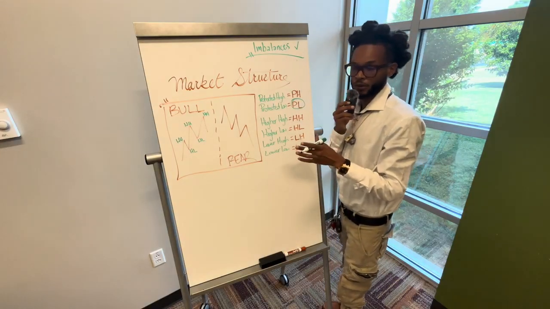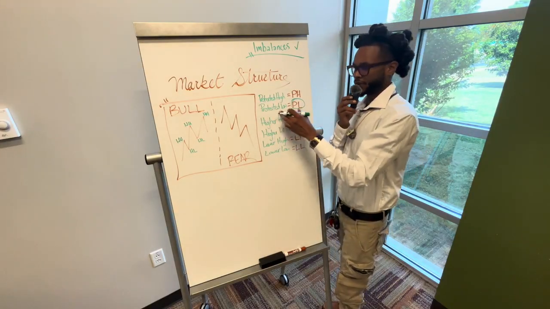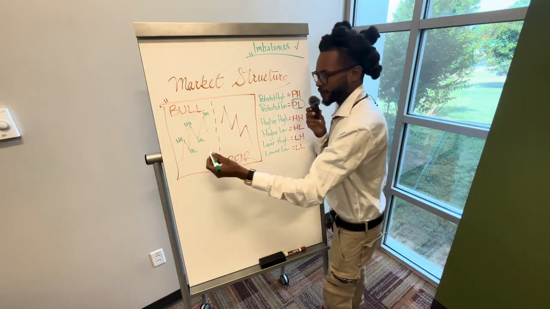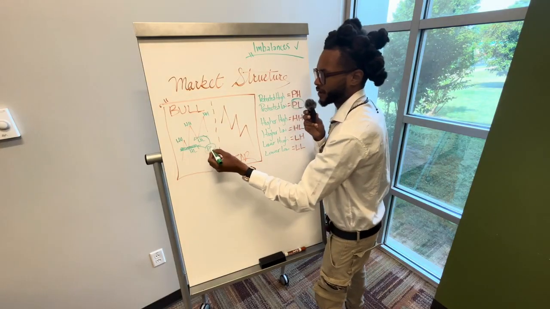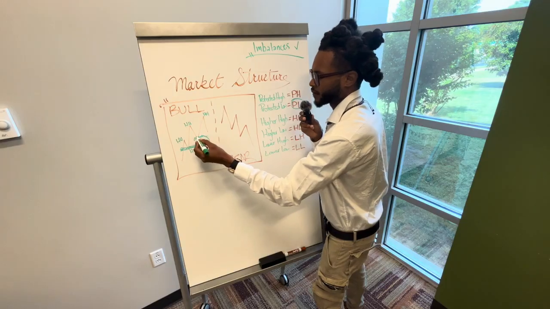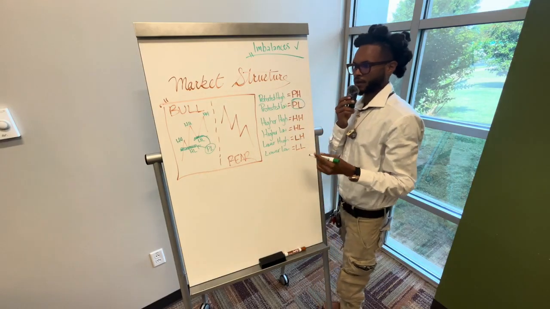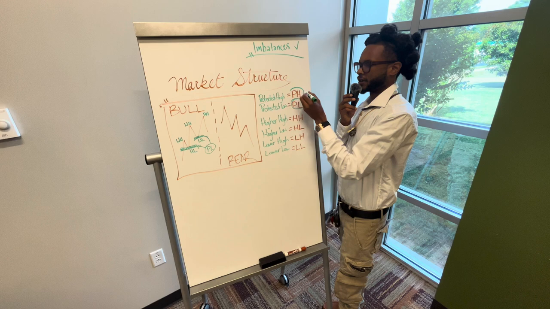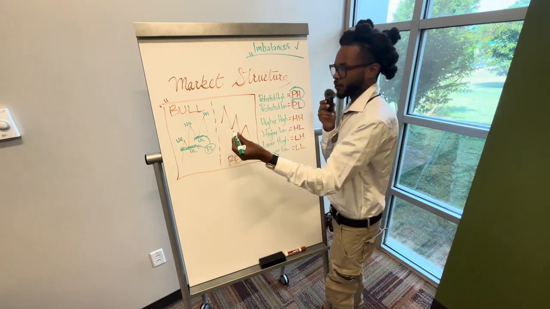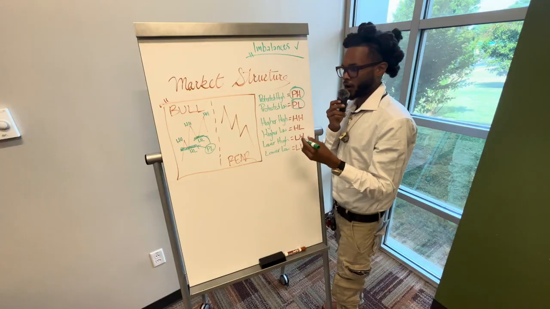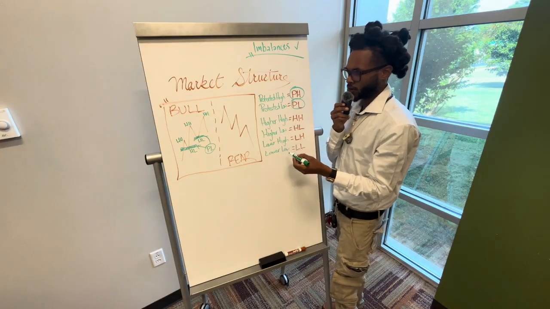So let's stick to the bull. If we're making an entry based on a protected low, that means our protected low will be here. We'll say here and here. And if we like to make an entry based on a protected high in a bear market, we want to identify our lower highs and lower lows.